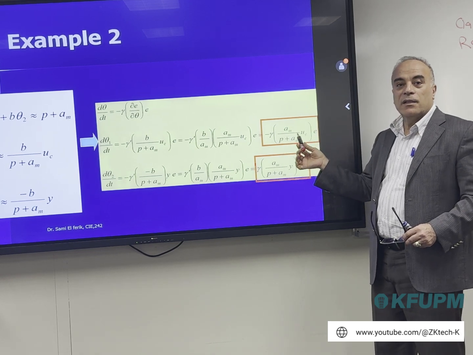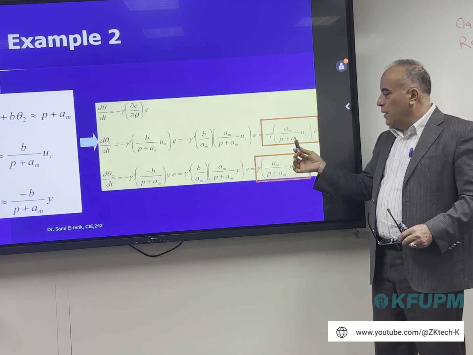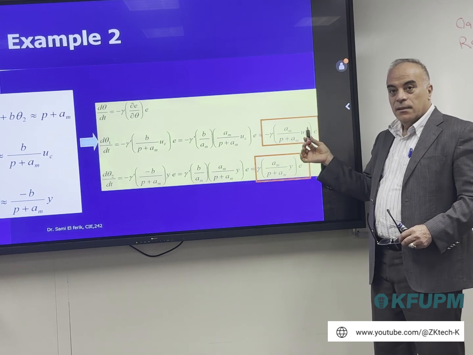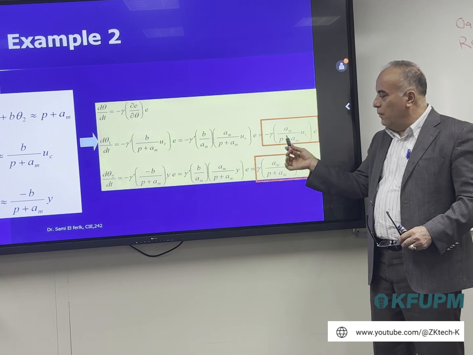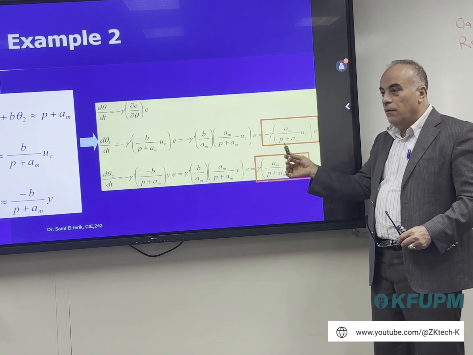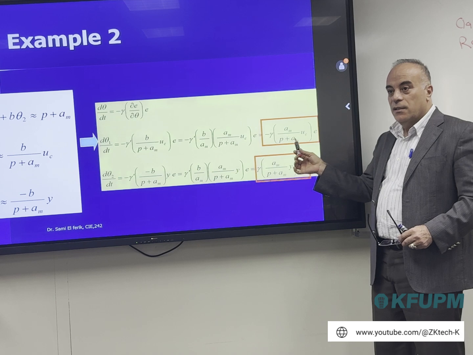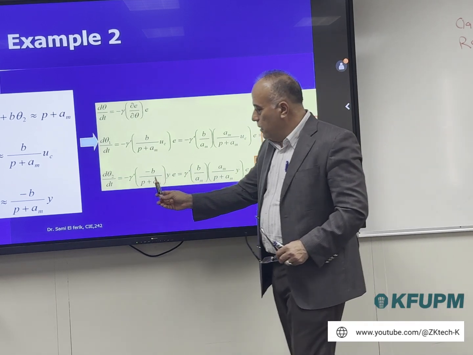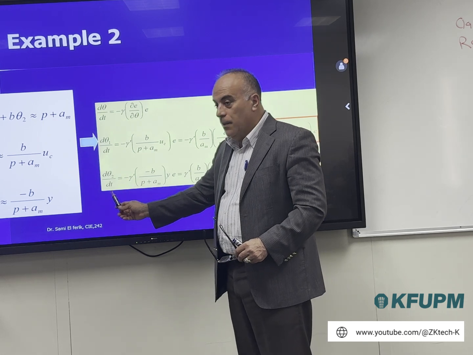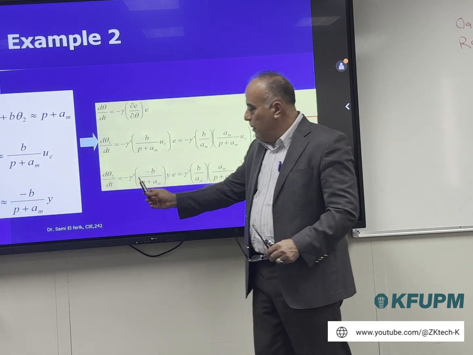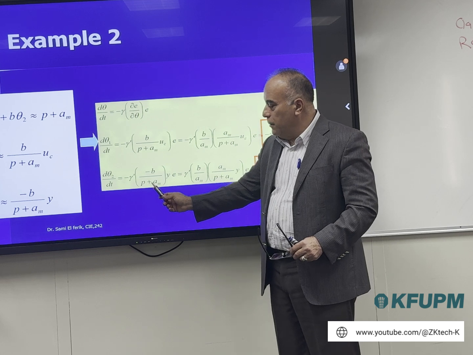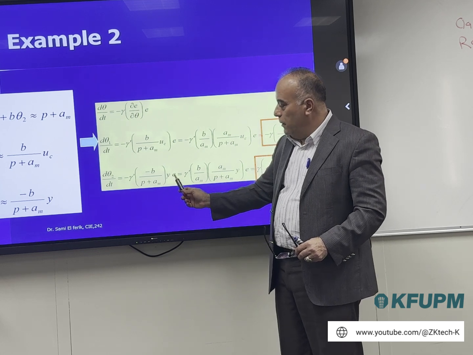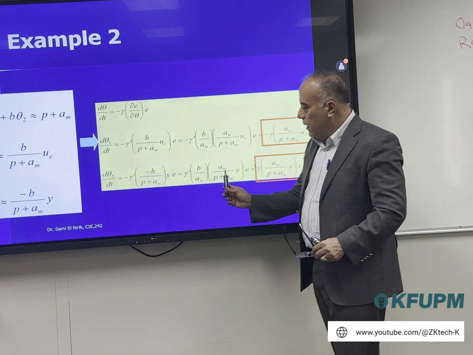And now this becomes like UC filtered. Remember the filtered signal that we did last time? So I take UC and I filter it through a filter that is a function of the characteristic equation desired by the system. I go to the next equation. We have the derivative of theta 2 with respect to time equal to minus gamma prime times minus B divided by P plus AM multiplied by Y multiplied by E. I do exactly the same thing.